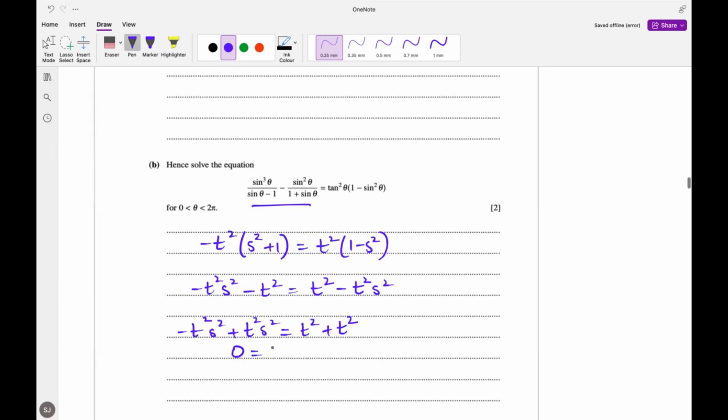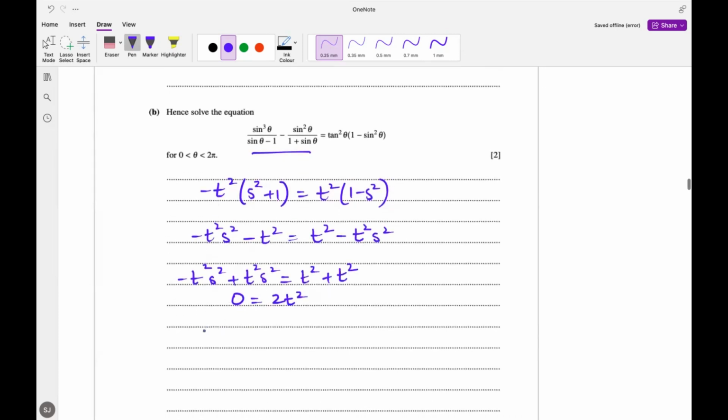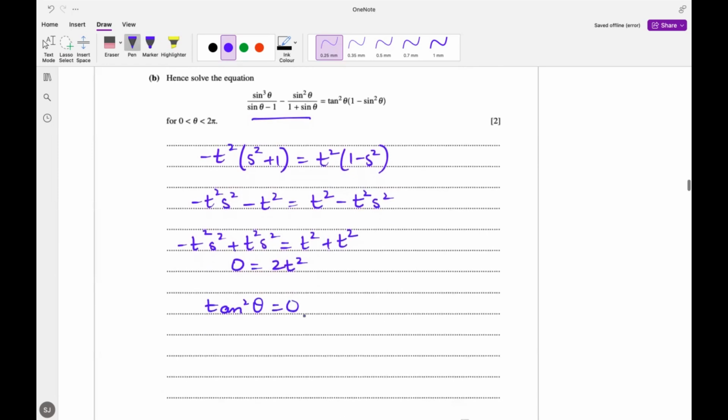So this will be 0 equals 2tan²θ, or we can say that tan²θ will be equal to 0, as 0 divided by 2 is 0. And if we take the square root of 0, that will also be 0. So tanθ will be equal to 0.